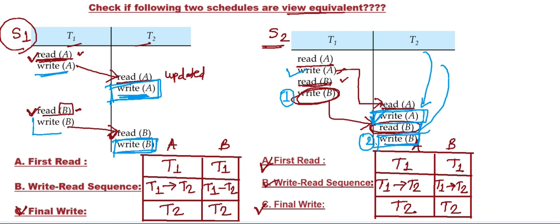Now check if these two schedules have the same view. T1 is the first read for A and B: T1 is reading A and T1 is reading B here also. Write read sequence for A is T1 to T2, and again here T1 to T2. It is T1 to T2 for B also in schedule 2.